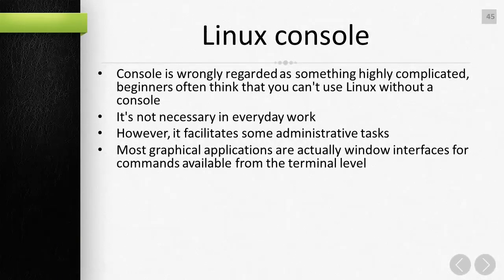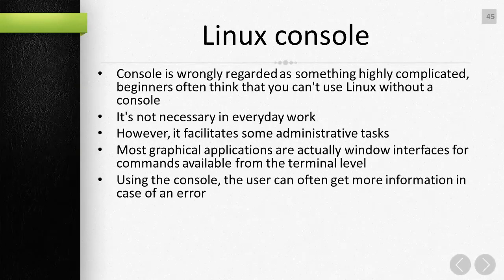The console allows you to automate certain administrative tasks because it can run scripts. A script is a series of instructions or commands in the form of a single file, or roughly speaking, a program. When you use the console, it's also easier to find errors.